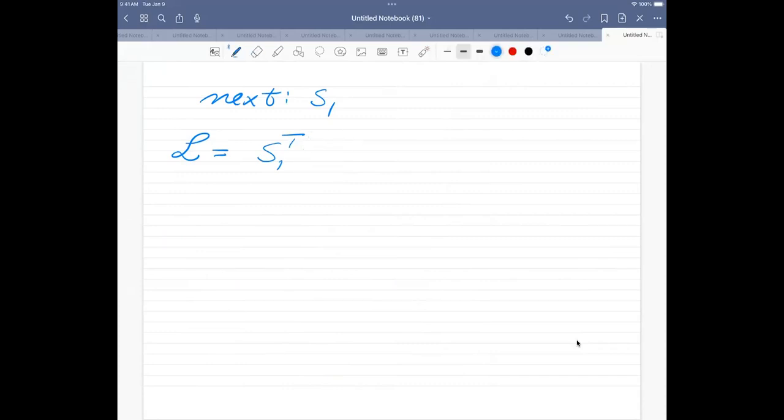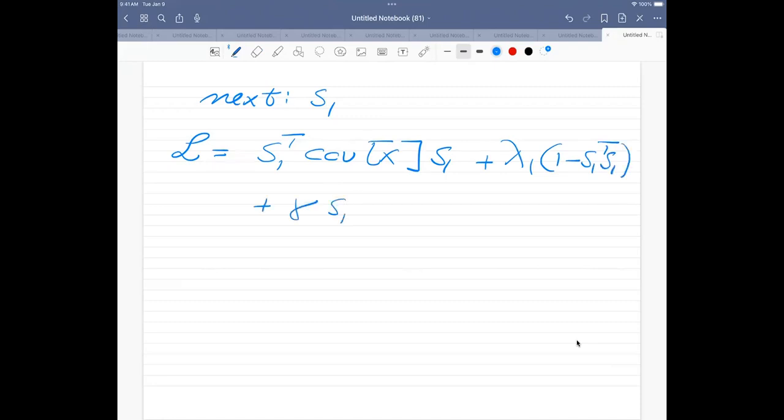So let me just set up this covariance of X of S1. Then I have the eigenvalues, which I want, S1 transpose times S1. But then I need a new parameter, which simply requires that S1 transpose times S0 is zero. So I want to have the orthogonality with the previous vector.